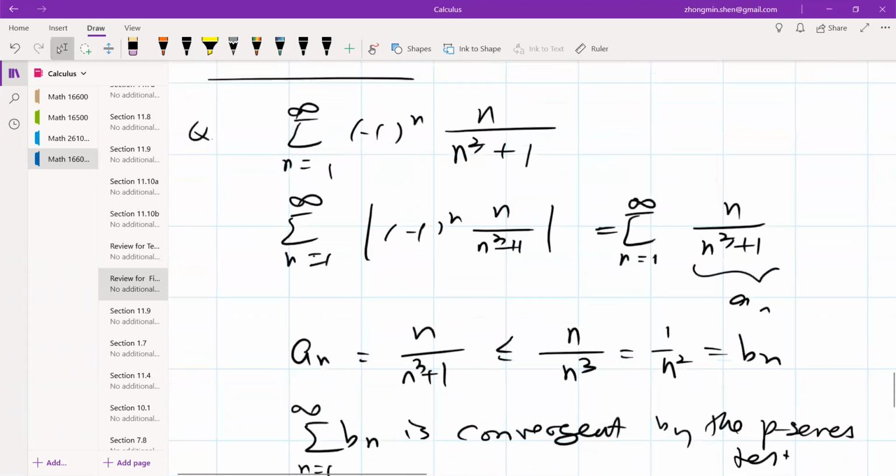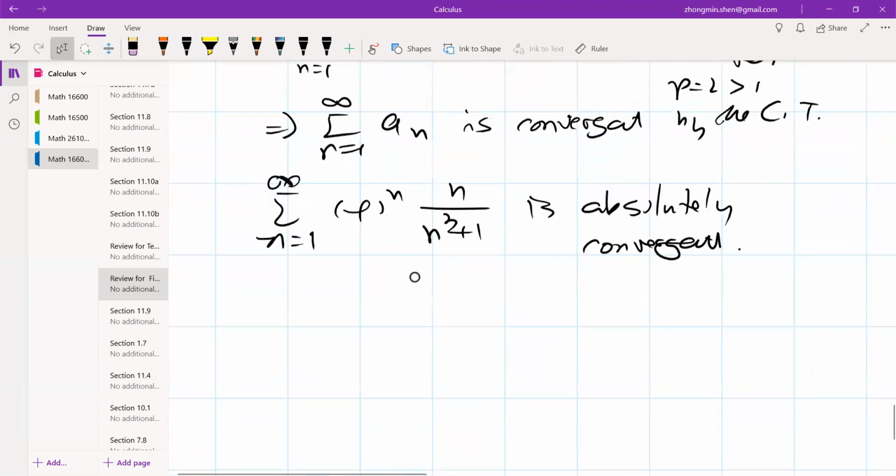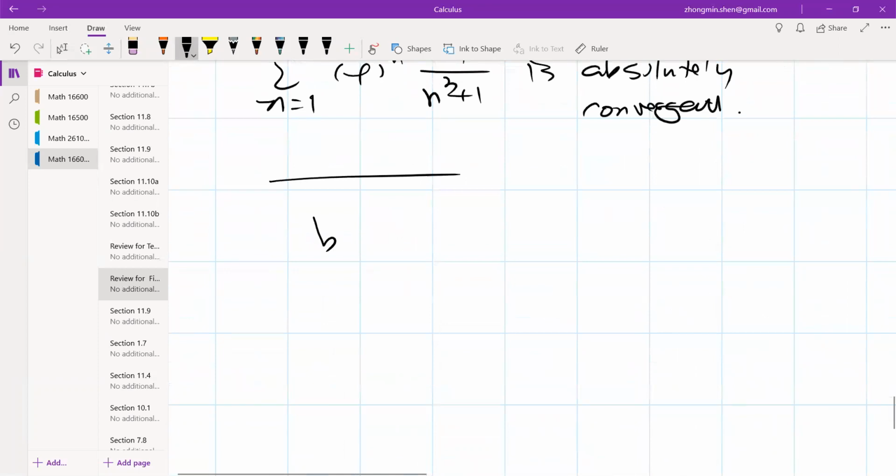So the only way you can solve this problem is directly. You view it as an alternating series. You still can do that. You have to prove this is decreasing to 0. I'll give you 2 options.